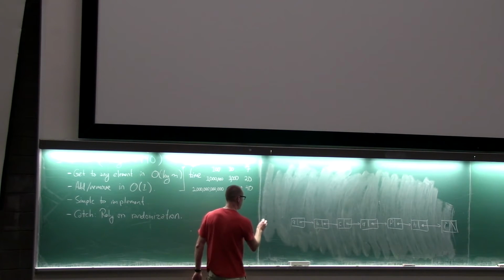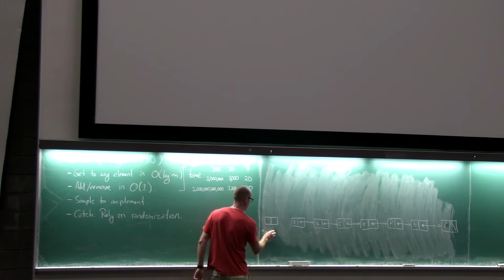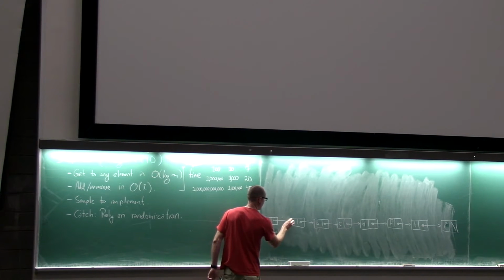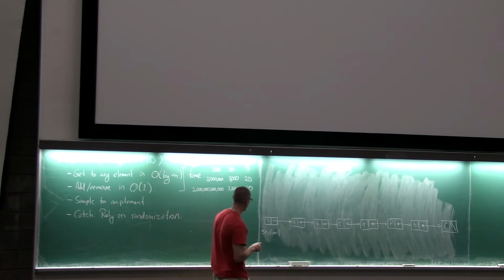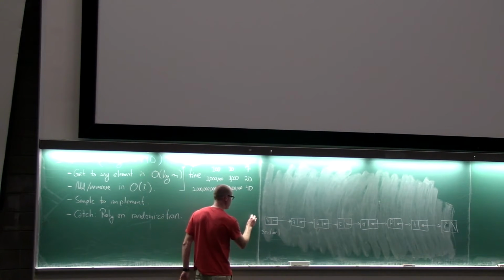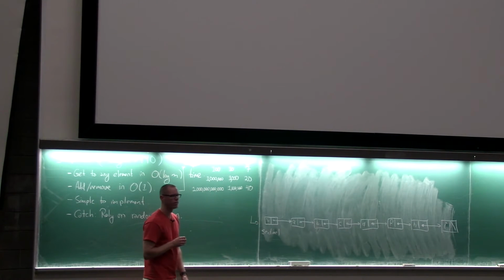You add on the front of this thing an empty node, like a dummy, but it's called a sentinel. There's no value stored in it, but it does have a pointer to the first element in your list. And for reasons that will become clear soon enough, you call this list L0.